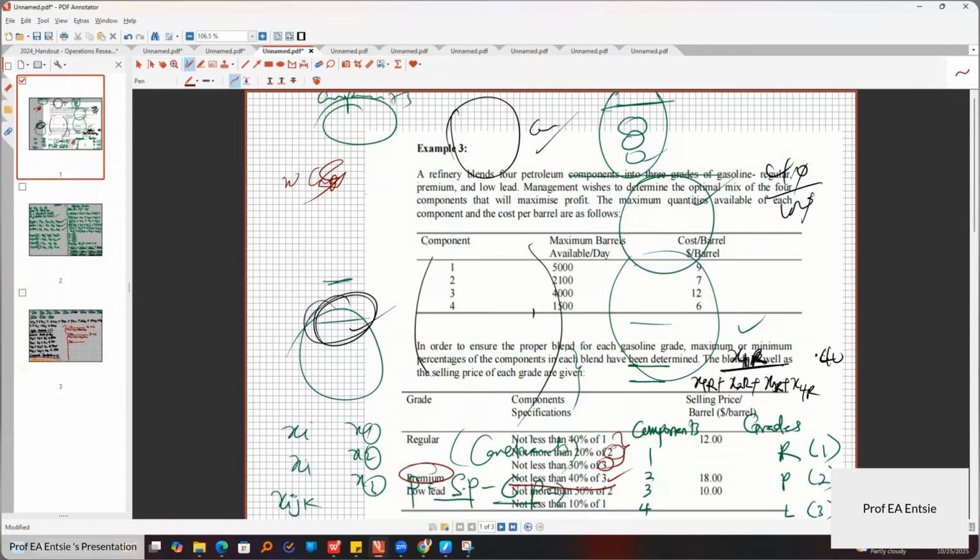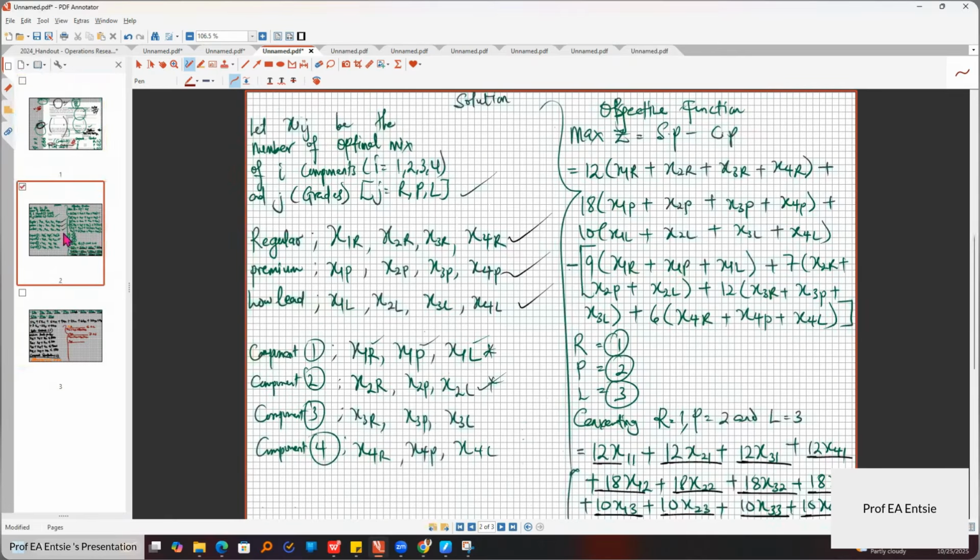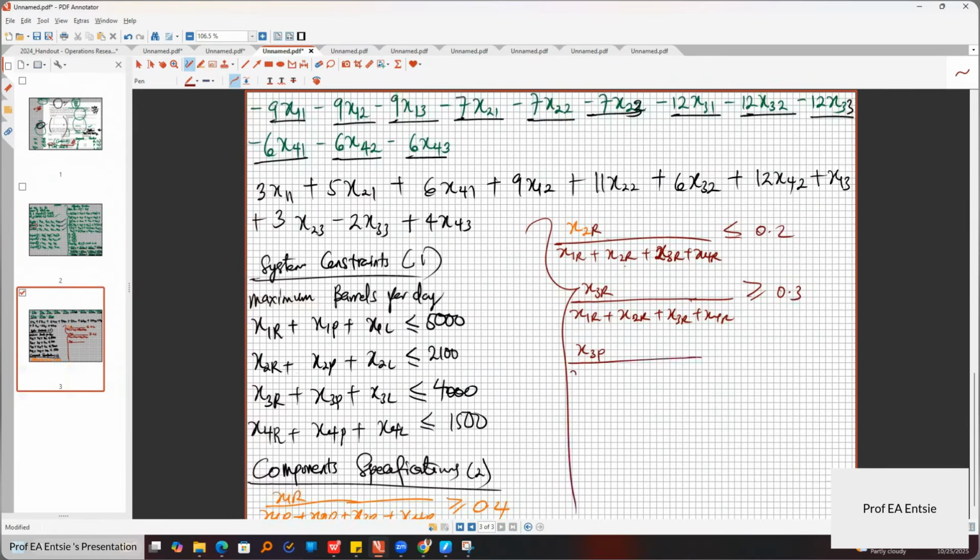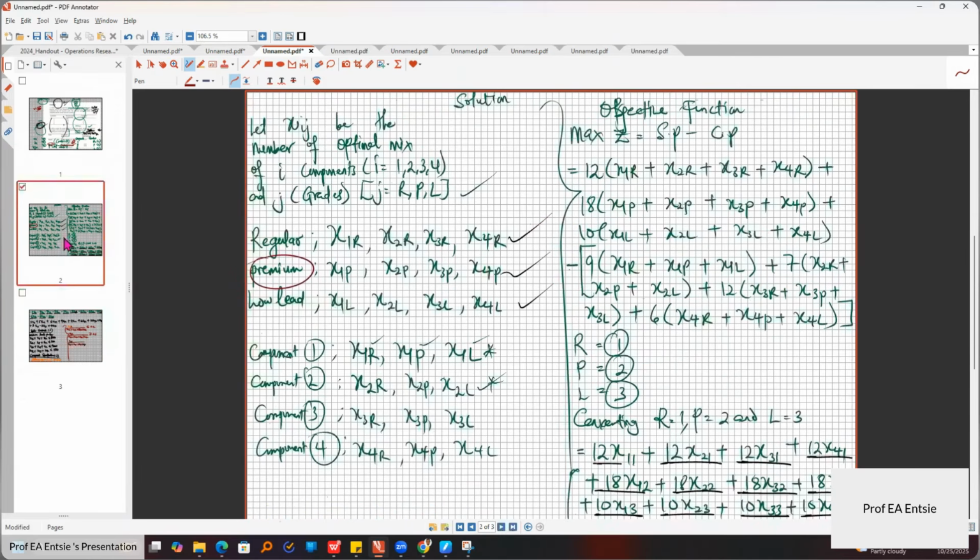Where is premium? Premium is this one here. In the blend of premium, premium has component one being premium, component two, component three, component four being premium. Is that right? S1P, S2P, S3P, S4P.